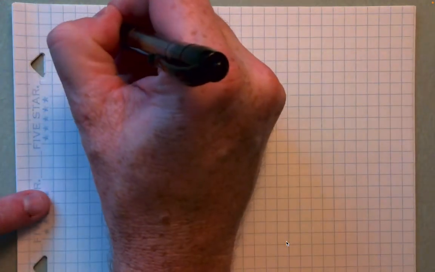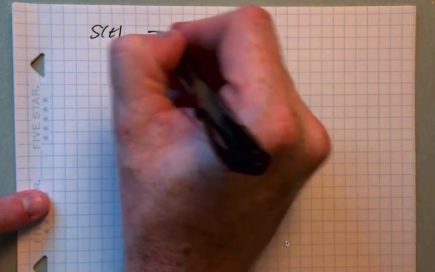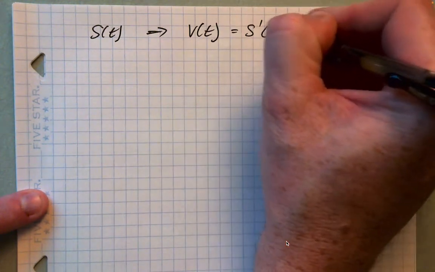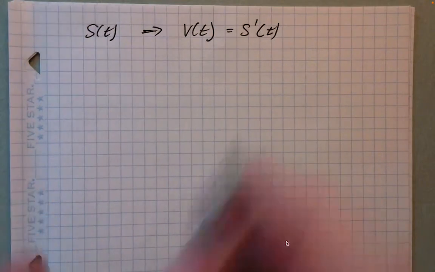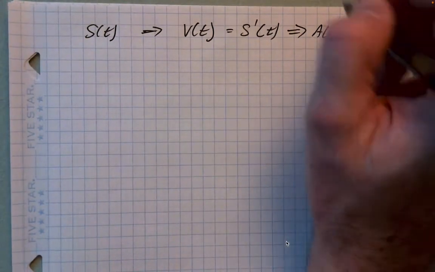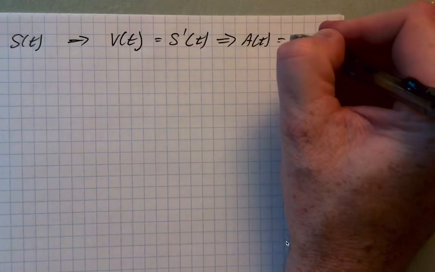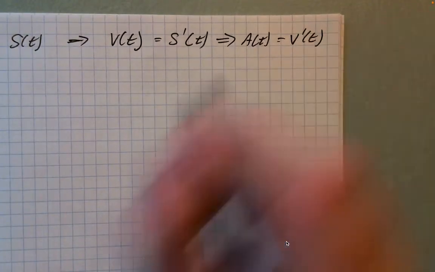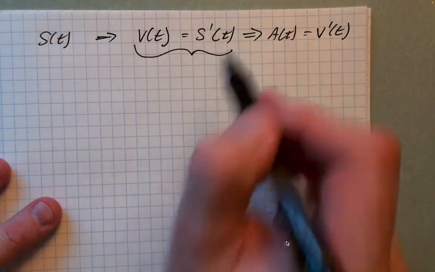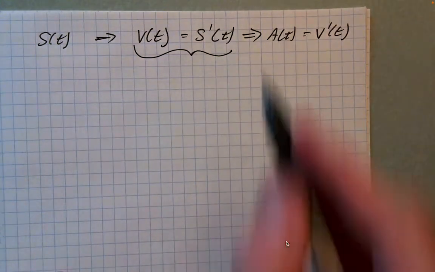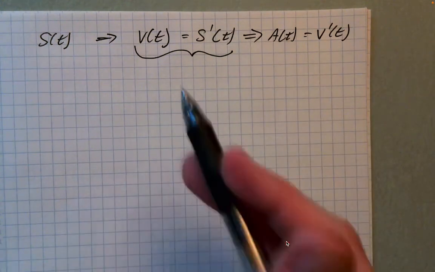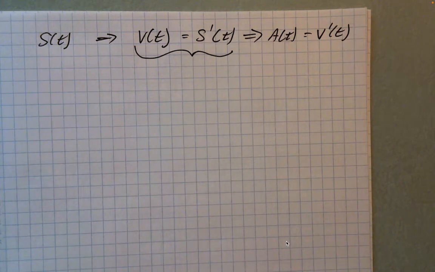So if you start with s of t, then v of t is equal to s prime of t. So the derivative of position is velocity. And then what you'll find is that something called the acceleration, a of t, is equal to the derivative of velocity. Hopefully this is intuitive. The velocity is just the change in position with respect to time. The difference between my starting point and my ending point relative to time tells you how fast I got there.